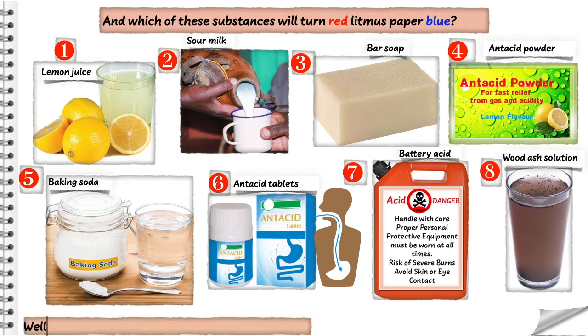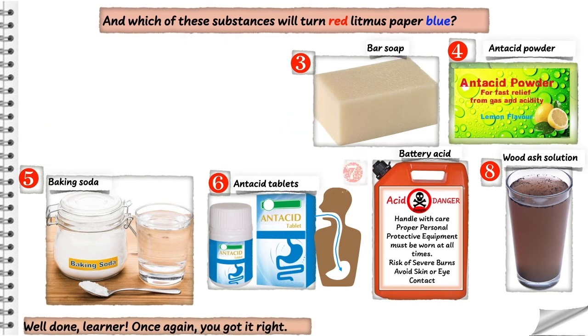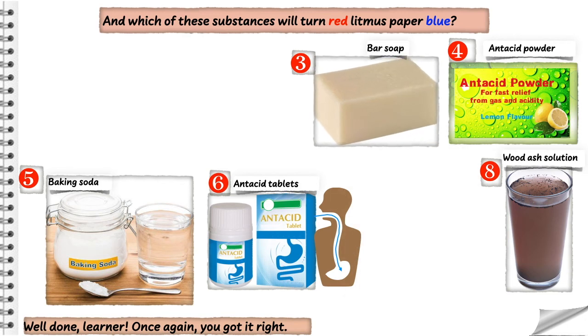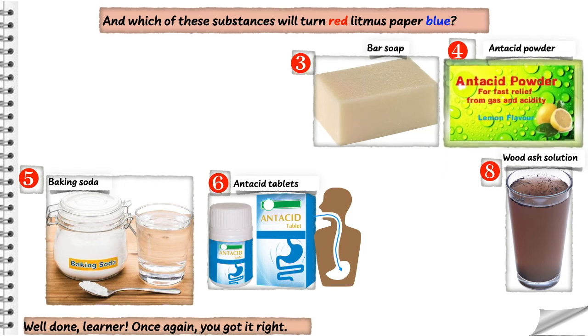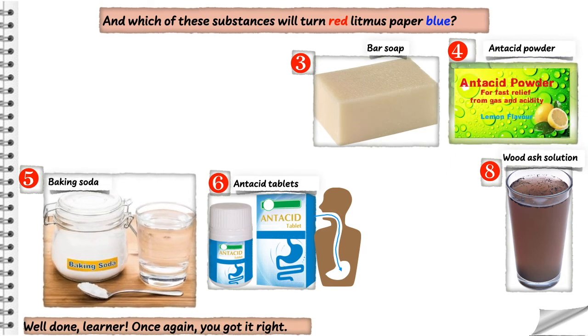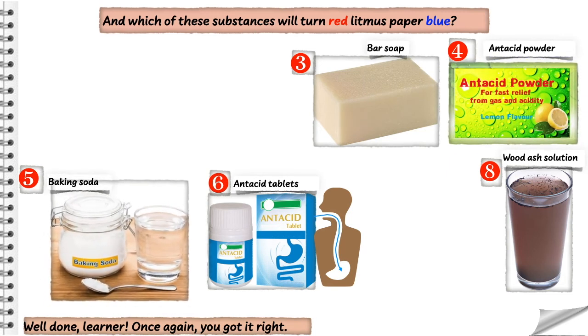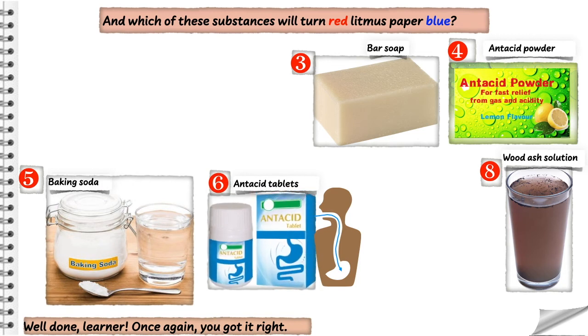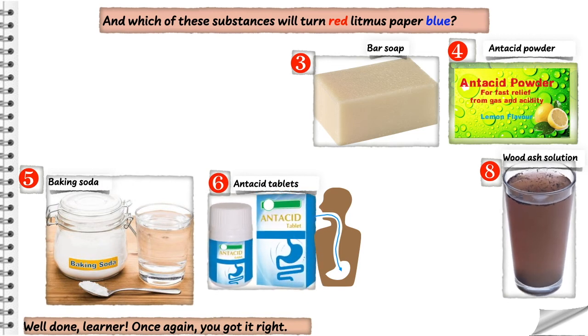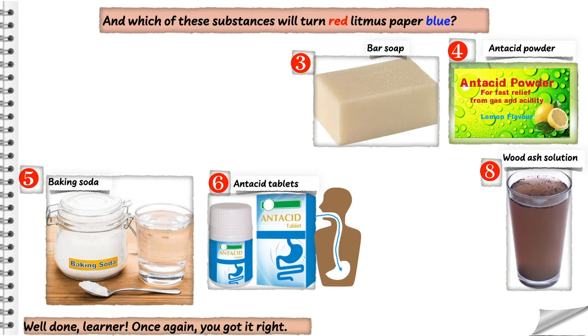Well done, learner. Once again, you got it right. The substances that will turn red litmus paper blue are the bases. They are as follows: 1. Bar soap, 2. Antacid powder, 3. Baking soda, 4. Antacid tablets, and 5. Wood ash solution.